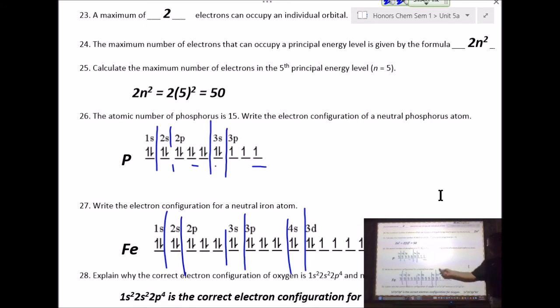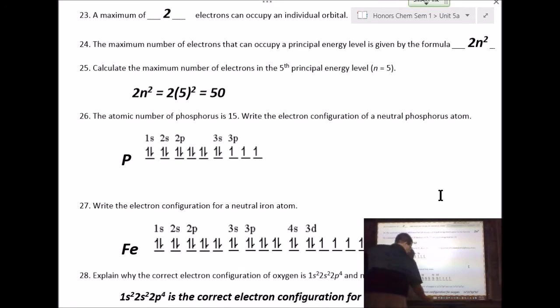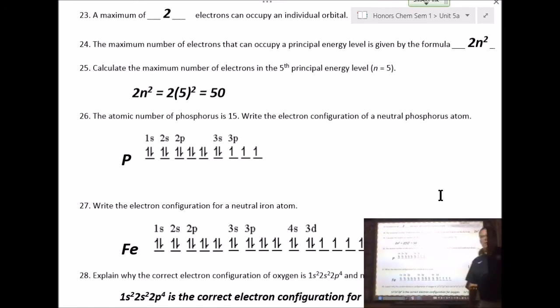I'm not going to require you to do the verticals. I showed it the first time in class just to give separation so you could see it. But you can count them and make sure that if it's neutral, they should have the same number of electrons as protons, unless it's an ion. Is that what you're asking?